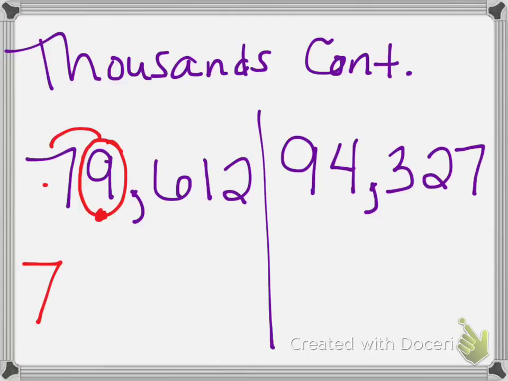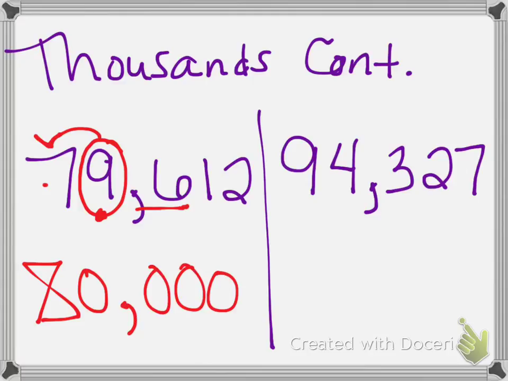We haven't gone over it in class yet, but just to show, this has hit the midpoint, and so we need to regroup, and instead this 7 is actually going to become an 8. And so it's actually closer to 80,000. That one would be more difficult for them, and again, we have not gone over that one in class, but I wanted to share one.